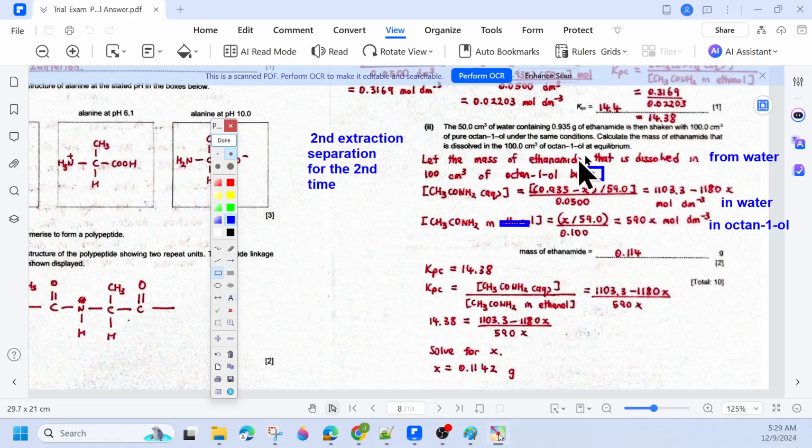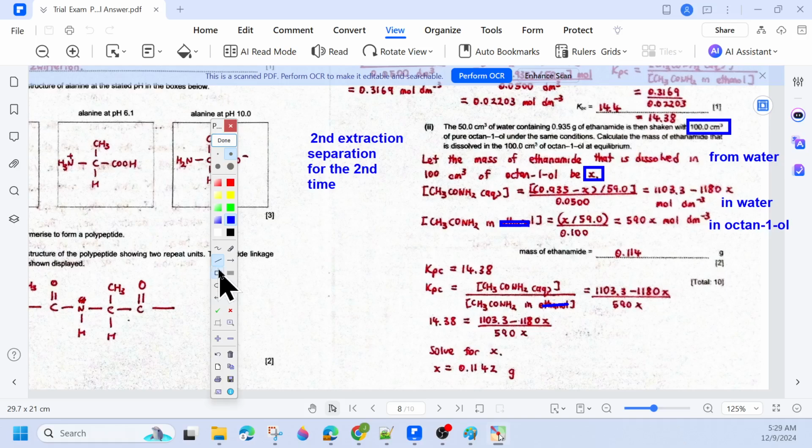Do take note that it is 0.1. Don't use 0.05, because now they use 100 centimeter cube. That's why it's divided by 0.1. Kpc based on the previous one is 14.38. So now Kpc is the concentration of ethanamide in the top layer, water, over the concentration of ethanamide in octan-1-ol. So I get this amount, and then I solve for x.